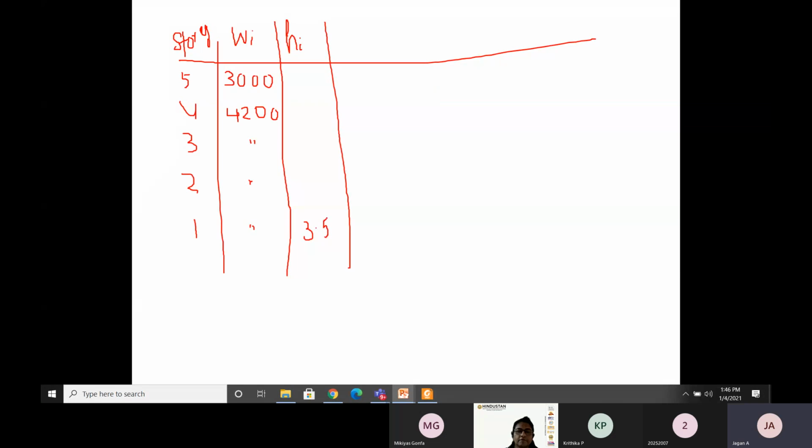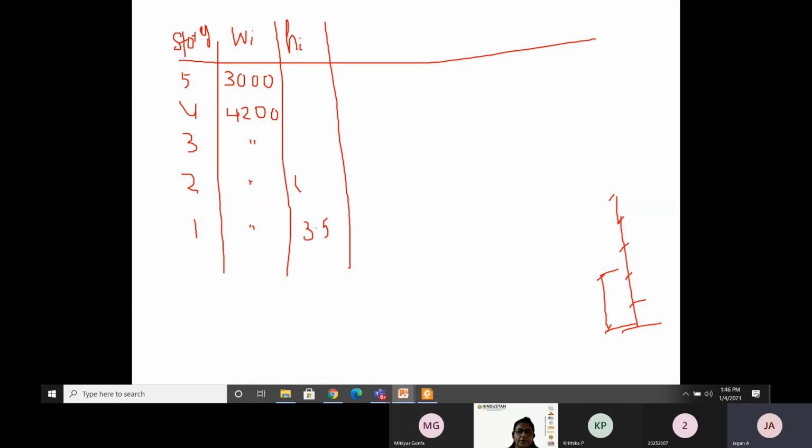When it goes to the second floor, the height should be from the base to the second floor. It should be like this. This is 3.5. The remaining are 3.2, 3.2, 3.2. To this level, that is the meaning of the second floor height, H.